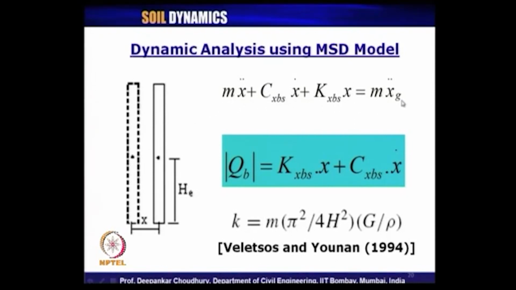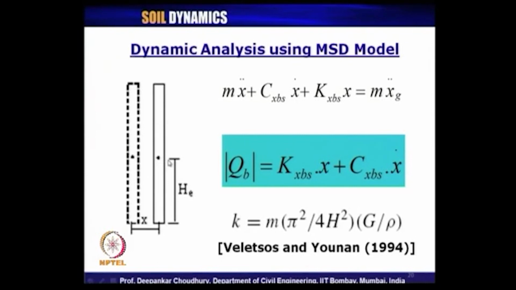So, basic governing equation of motion can be written like this: m x double dot plus that damper of the soil times velocity plus stiffness of the soil times displacement will give us mass times whatever is the base acceleration. This expression actually we have seen for the case of earthquake analysis of frames also in the very beginning, how to model them, right.